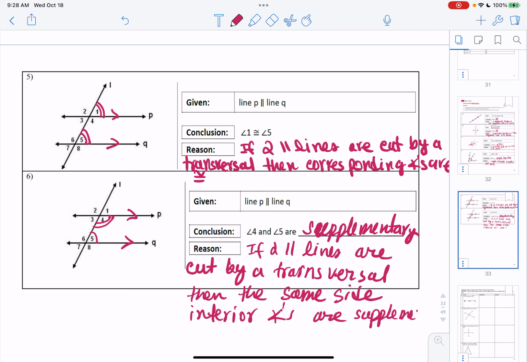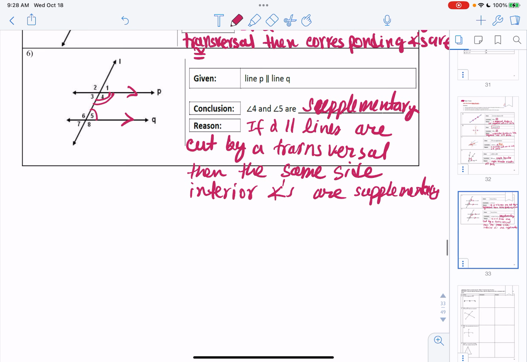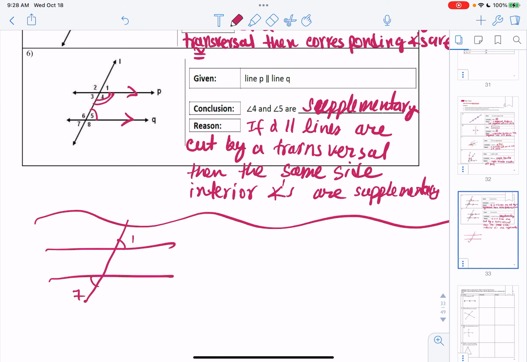Now, sometimes we are not given that the lines are parallel, and I know this is not on our page. Sometimes we will be given, in this situation, angle 1 is congruent to angle 7. If we are given that angle 1 is congruent to angle 7, we can reach a conclusion with just that information that P and Q are parallel.